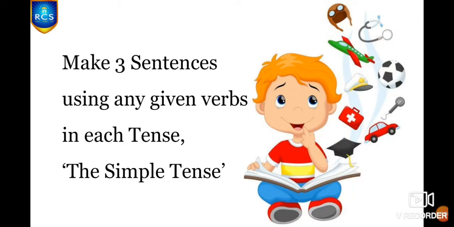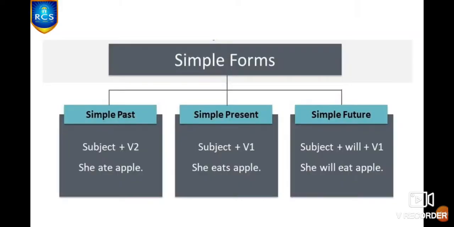And you have to make 3 sentences using the verbs you have selected in each tense. Okay, that is in the simple tense. And refer this, children. They have given you the forms for each tense: simple past, simple present and simple future. And with the help of the verbs you have selected, you have to make sentences in each tense form.